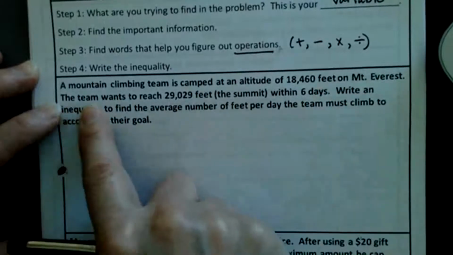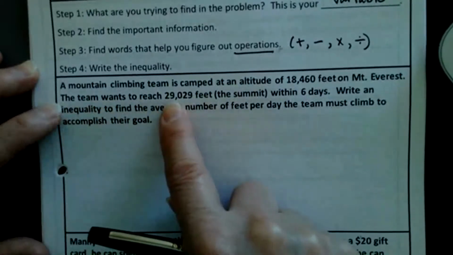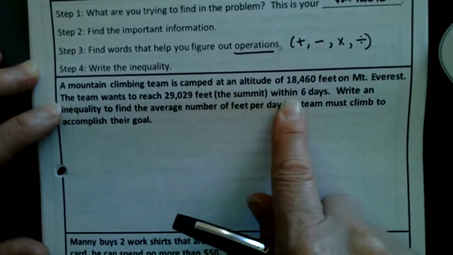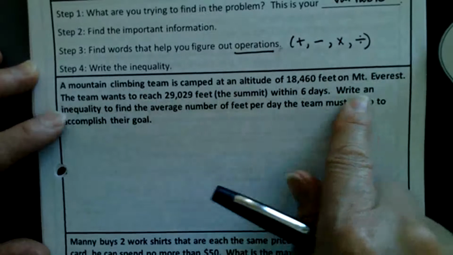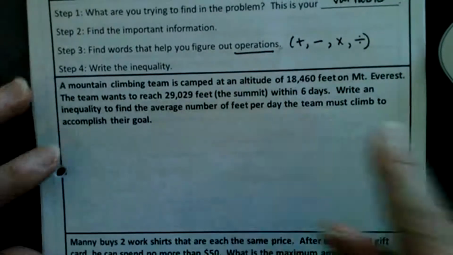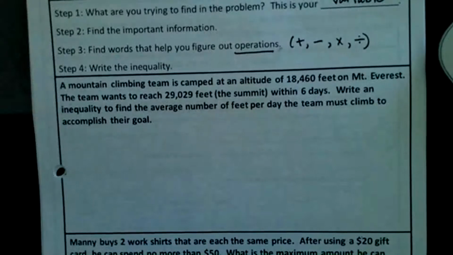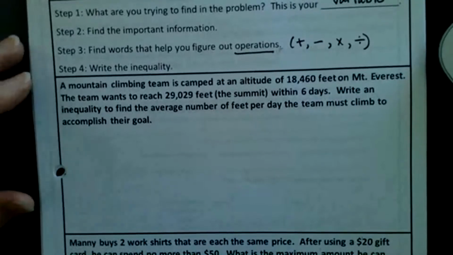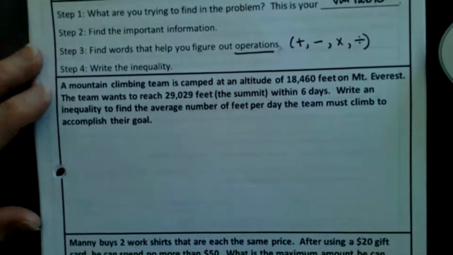The team wants to reach the 29,029 feet summit within 6 days. Write an inequality to find the average number of feet per day the team must climb to accomplish their goal. Now, this sounds pretty complicated, doesn't it? We're just going to take it one piece at a time, okay?